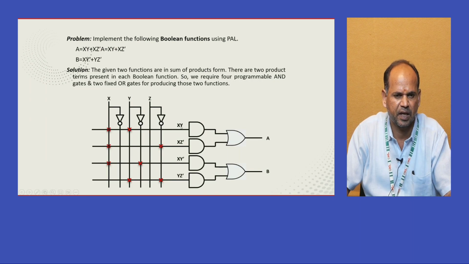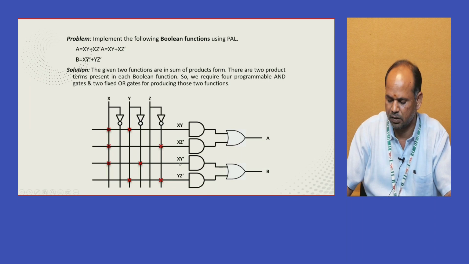Again, the xy which are connected from the buffer input or the complementary input, once you recheck it. Whereas the second AND gate which is connected from the xz bar, the corresponding output is A equal to xy plus xz bar. Like for the second output B, which is connected from the xy bar plus yz bar.